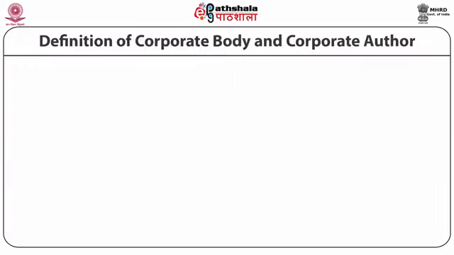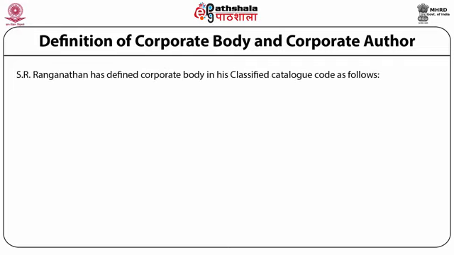Definition of corporate body and corporate author. S.R. Ranganathan has defined corporate body in his Classified Catalogue Code as follows. CCC rule number FC2. Ranganathan has studied the definition in two senses.